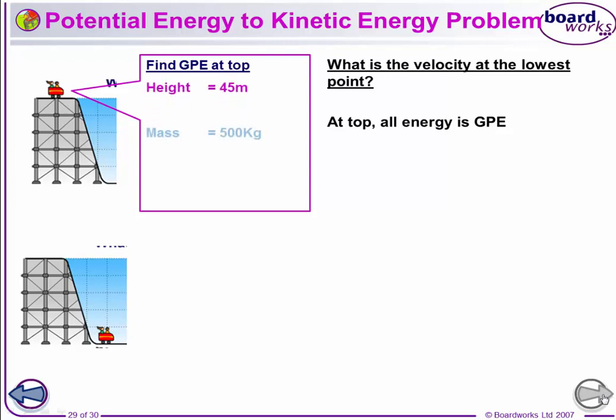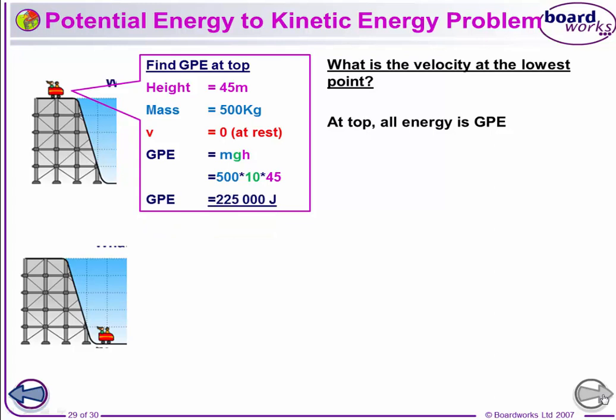The height is 45 meters, the mass is 500 kilograms, v is equal to 0. We know that the gravitational potential energy is equal to m times g times h. m is 500, g is 10, h is 45. So we multiply those together and we get a gravitational potential energy of 225,000 joules.